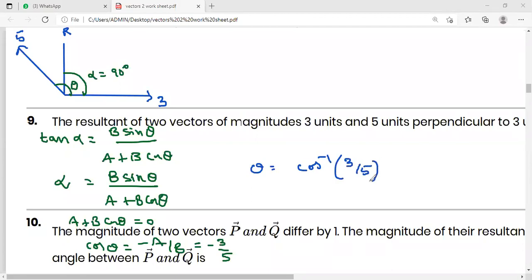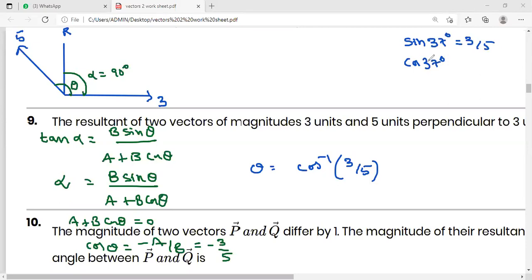But in general, in trigonometry we have some simple relations. I will give you some values for sine and cos of theta. Sine 37 degrees is always equal to 3 by 5.